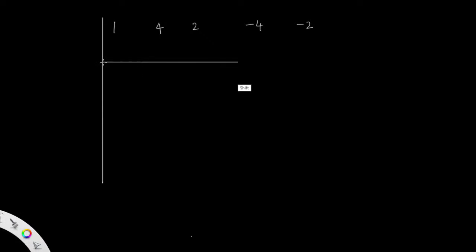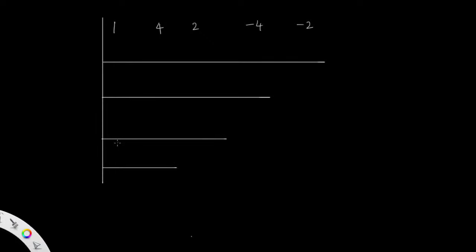So let us write the coefficients of the given equation. x to the power of 4 means 1, 4x cube means 4, 2x square means 2, minus 4x is minus 4, and then minus 2. This method is known as synthetic division, and we take minus 1.